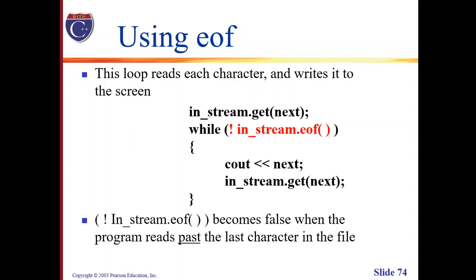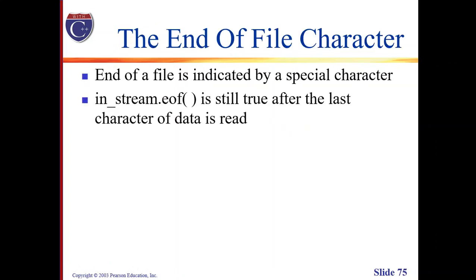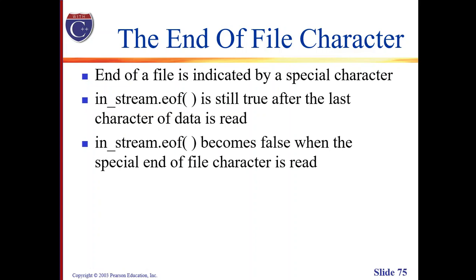In this case, this Boolean statement becomes false when the program reads past the last character in the file, which is of course the end of file character. The end of file character is indicated by a special character.